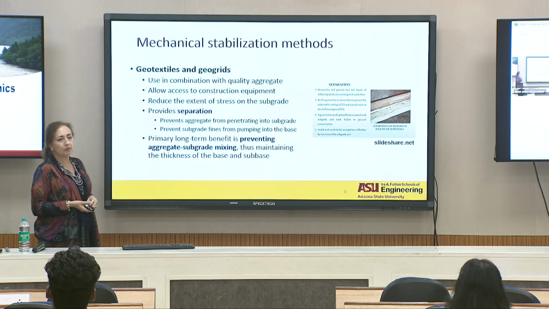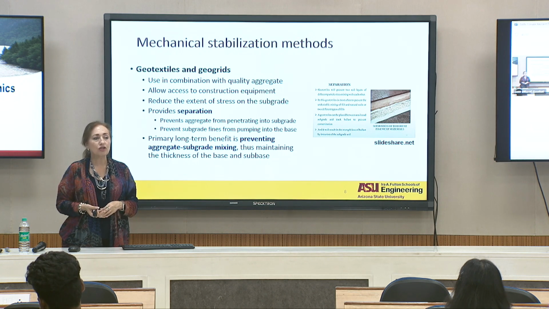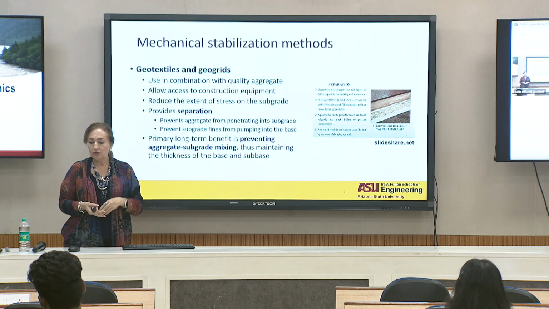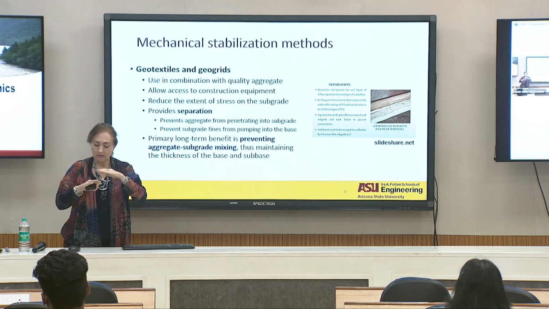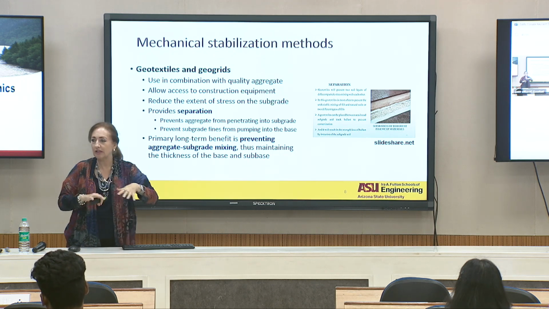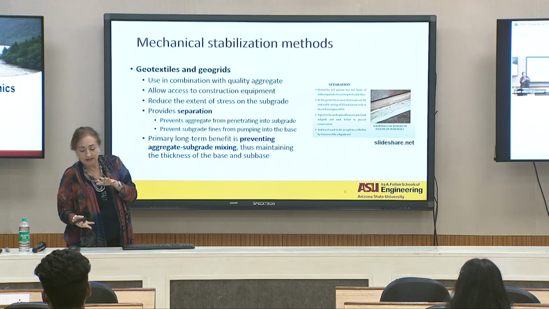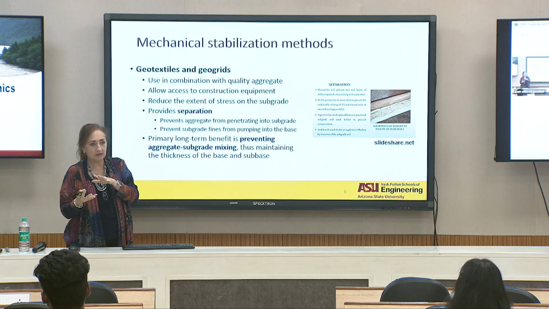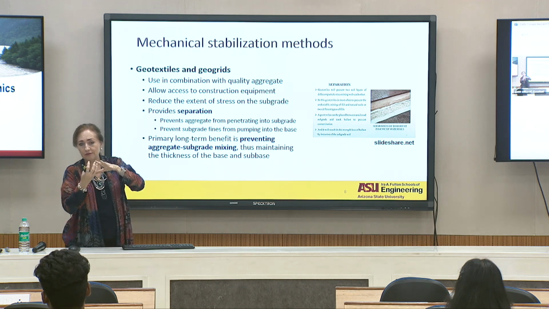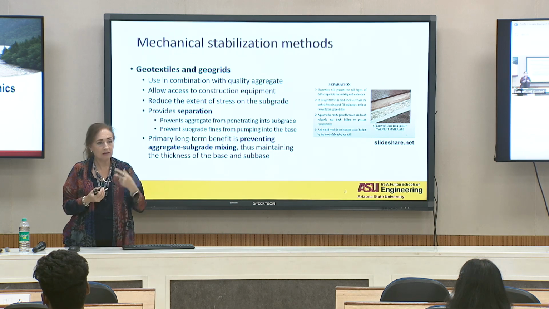One of the most important things being used lately is separation. When you have aggregates penetrating the subgrade, you don't know what the thickness is going to be anymore. You're going to have all this blended material in there. And the subgrade material has a lot of fines, okay? If these subgrade fines invade your granular base material, you're going to create a problem with drainage, right? These fines have a lot of suction.